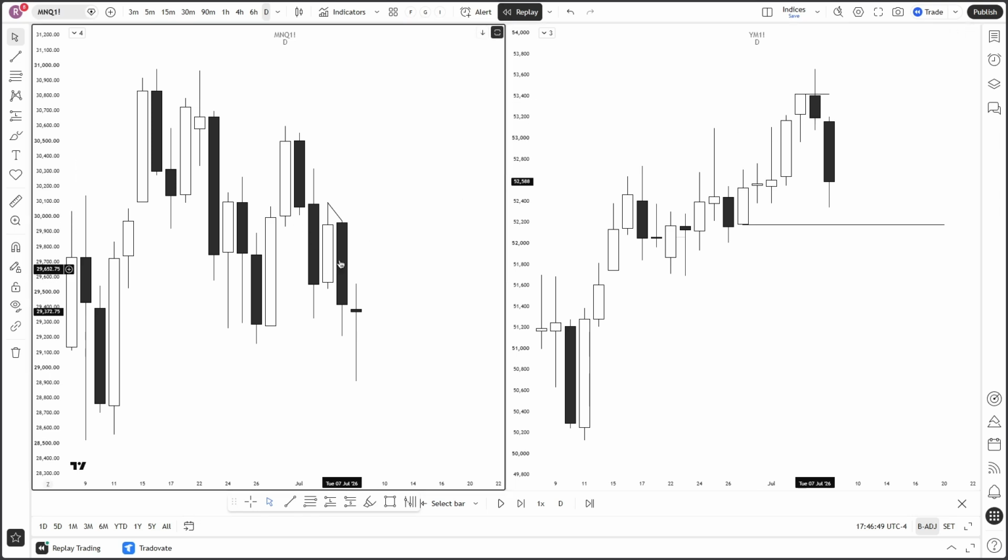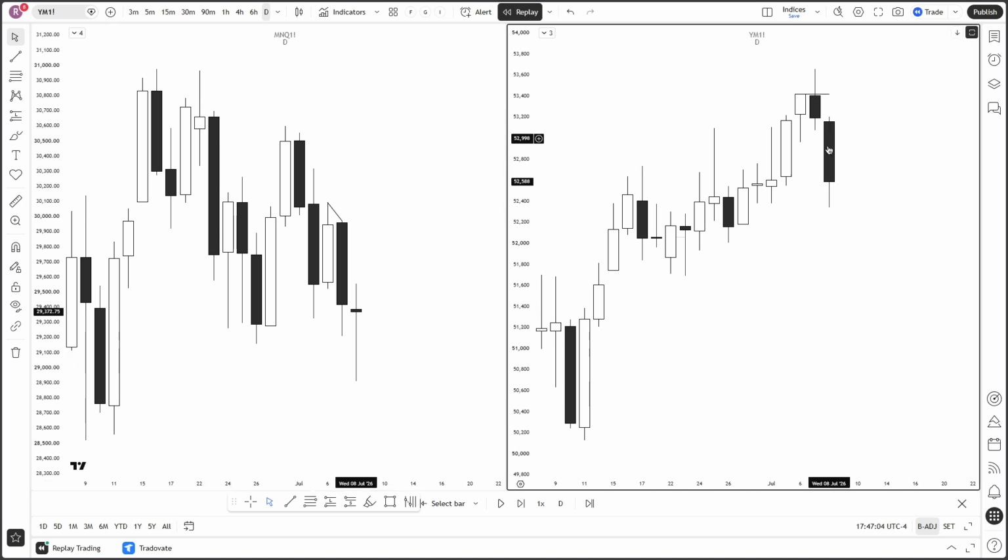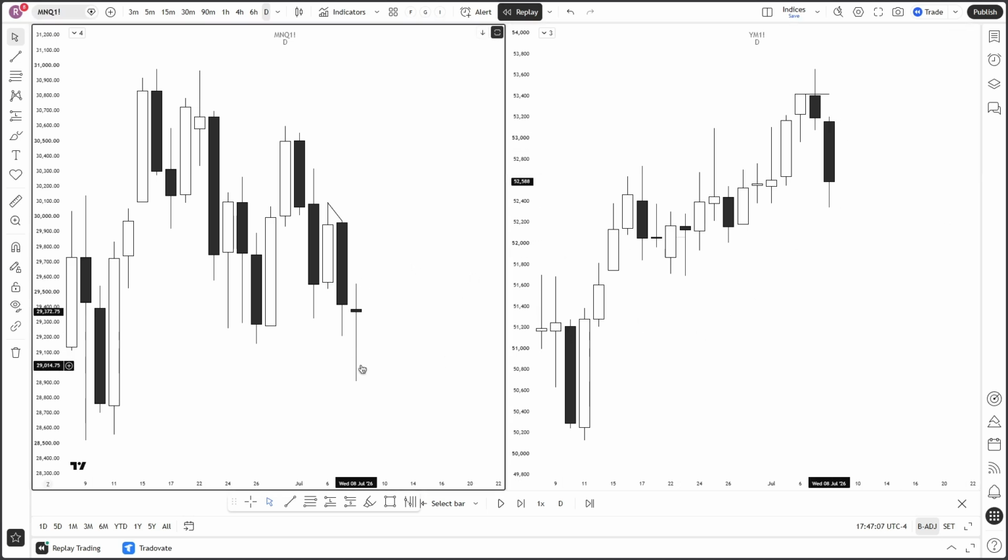Here on NQ, it closes below the previous day low, in this case Monday. So it closes as an engulfing candle, showing potential strength to the downside. So I would be looking for shorts on this day.